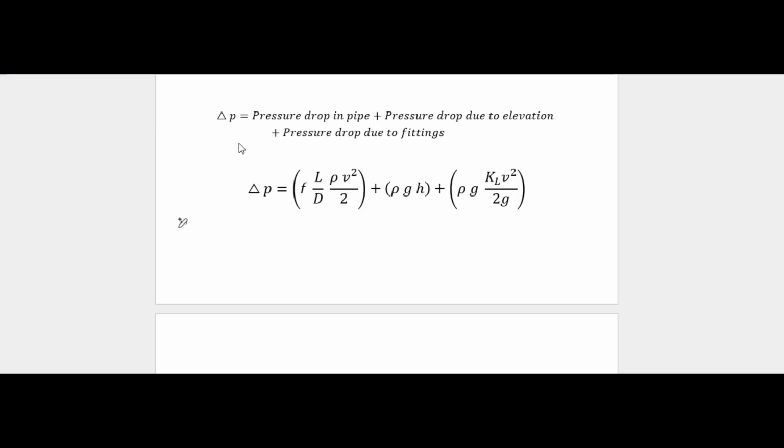To calculate the pressure drop, we need to account for all the sources of pressure drop, and there are three. There's the pressure drop due to friction, the one due to elevation, which is usually the dominant one, and the one due to fittings. You can put the three equations together. This one, I think, is the Darcy-Weisbach equation, and it is a function of the friction factor, which we will talk about how to get.